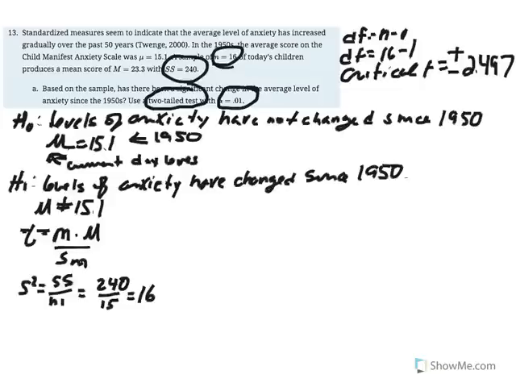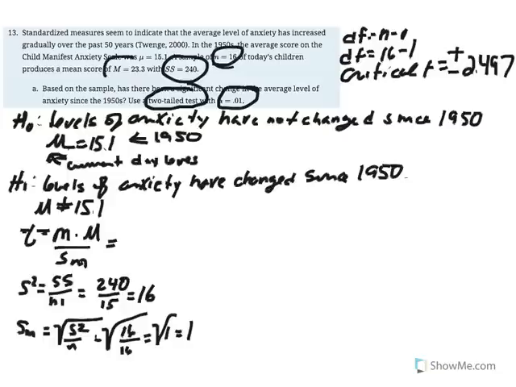Now with that value, we can calculate our estimated standard error, which is equal to the square root of our variance over n. We have 16 over our sample size, which is equal to 16, and so we get a standard error equal to square root of 1, which is equal to 1. Now we can calculate our t-value.